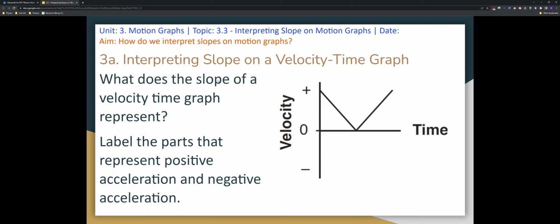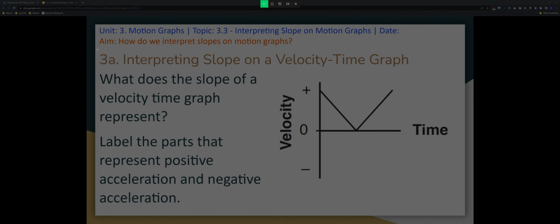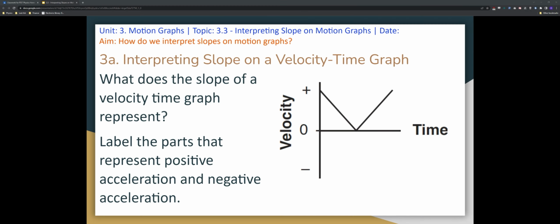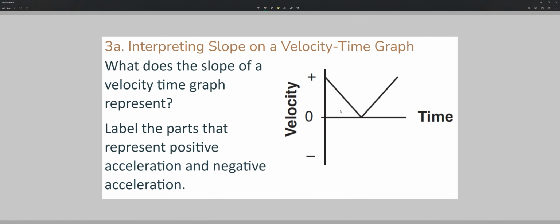So let's go into slide 3. We have this velocity time graph here. The slope of a velocity time graph is your acceleration.